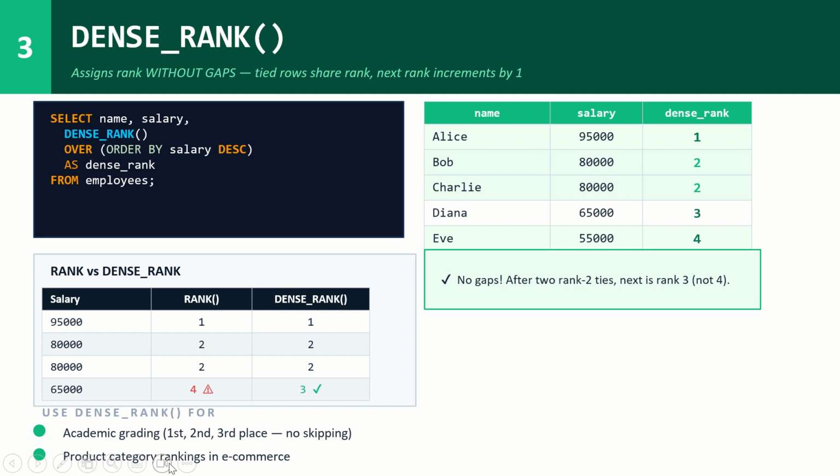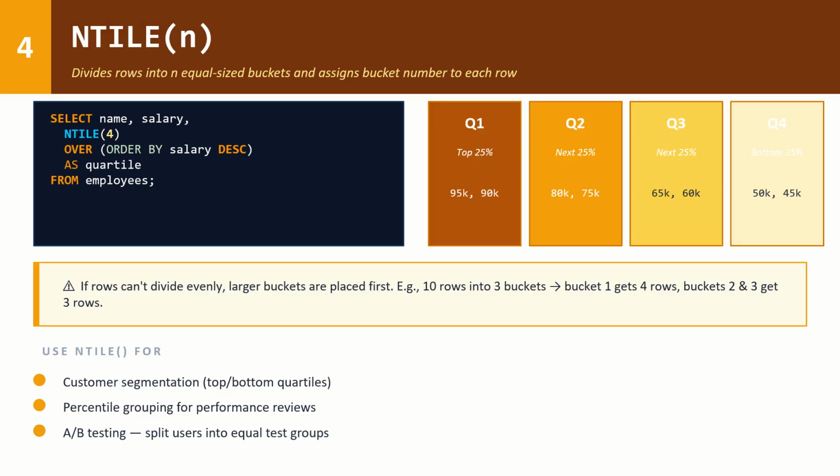Similarly, product categories ranking in e-commerce, where we are not interested to skip any rank. Because for example, you want top three products, then in that scenario you might skip that third rank because you have provided rank 4. So this is basically the application.